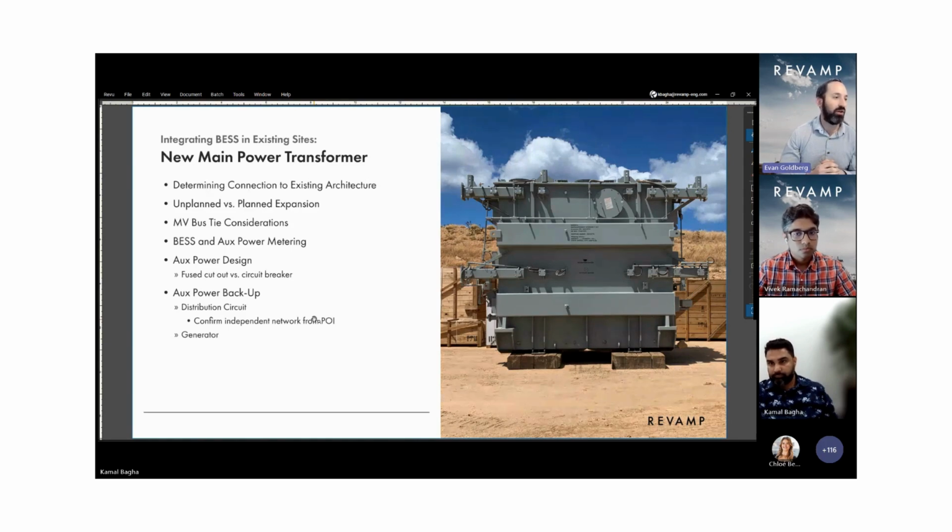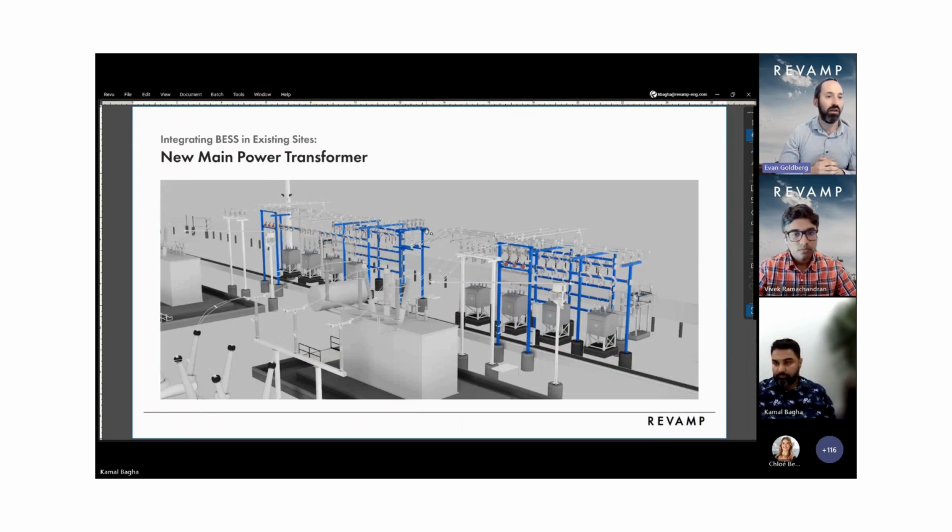By planning ahead, you can also think about other considerations. For instance, what your MV bus ties might look like if you were to go with that approach, talking with your O&M team. So, for instance, if you could go on to the next slide, Kamal. Having a new transformer, you'll likely have a new collector bus. You can start thinking about tying those 34.5 collector buses together with a disconnect switch.